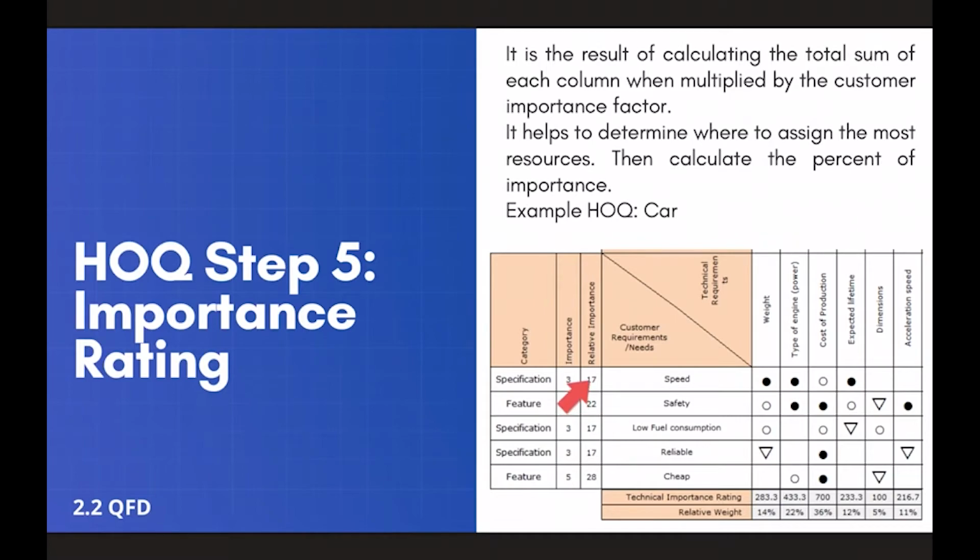The value here is 16 point something. If you use 17, you will not get this value, you will get around 287 or 285. But if you make the calculation by using Excel, it will use the value of 16 point something here.